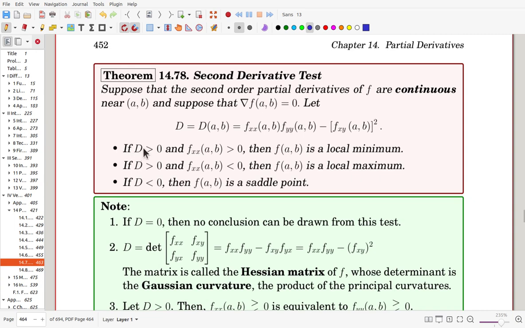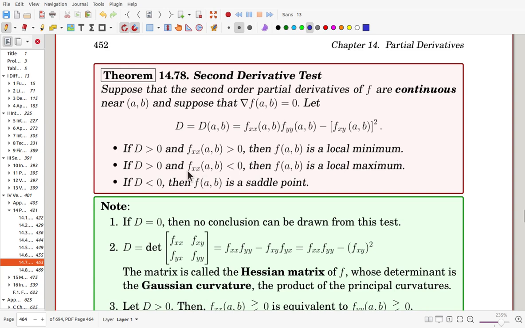In the beginning, if D is positive, and f sub xx at the point is positive, then f at the point is a local minimum. This portion is the same as for functions of one variable.